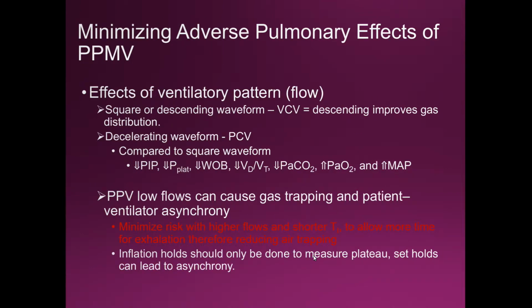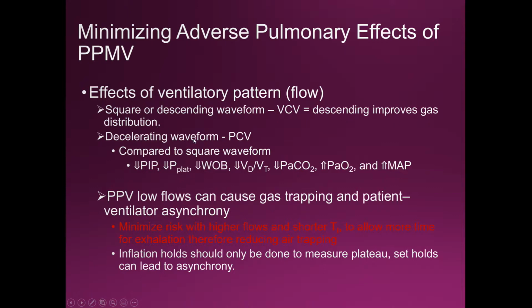So when we're talking about ventilatory patterns, we're talking about flow. When we have a square waveform, we said that is constant. A descending waveform, on the other hand, is where you have a high amount at the very beginning and then it starts to drop down. In volume control ventilation, a descending waveform improves gas distribution.